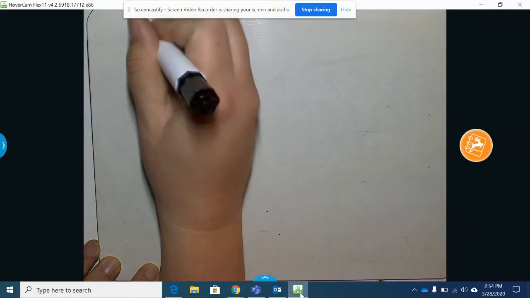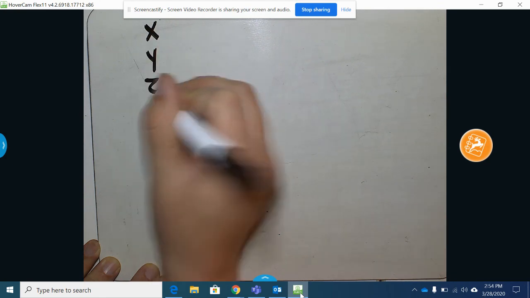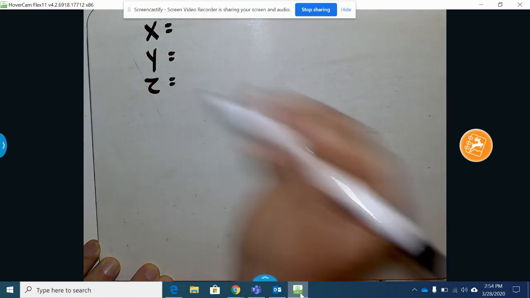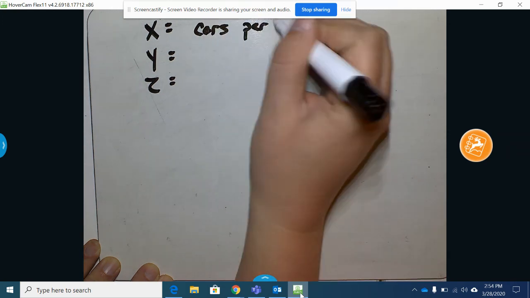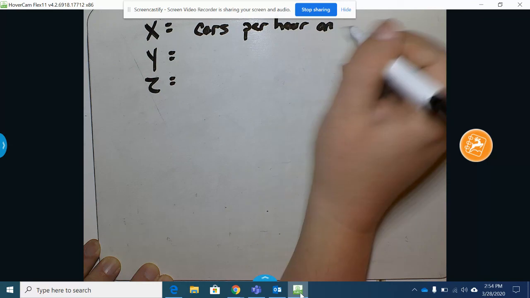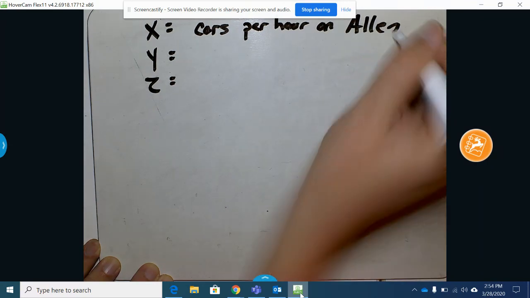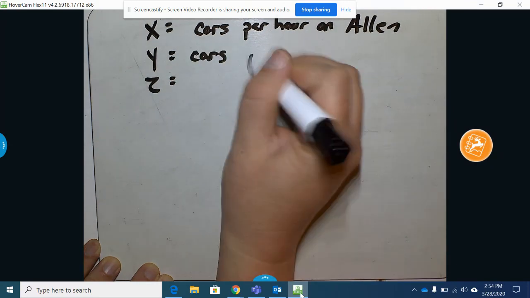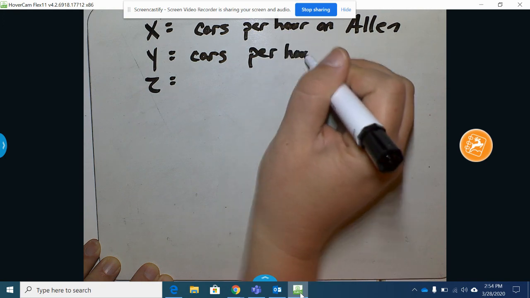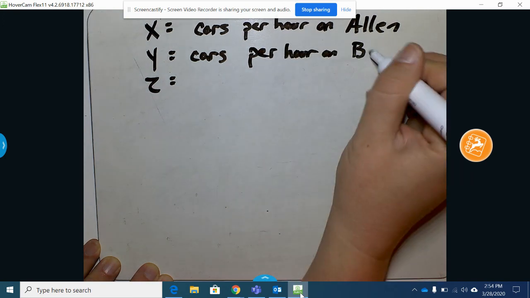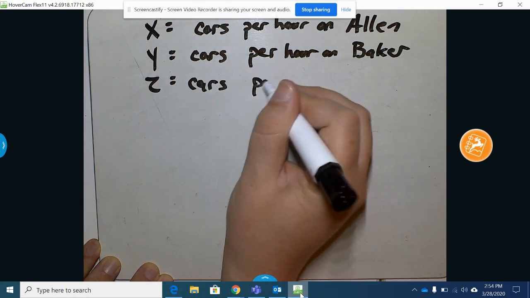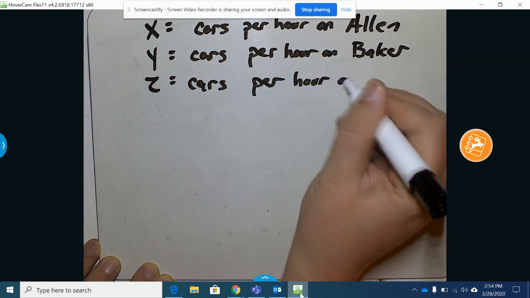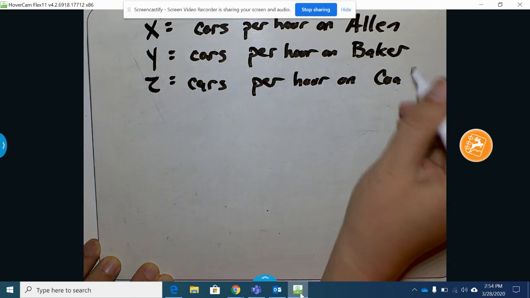We have X, Y, and Z. X is going to be cars per hour on Allen Street. Okay, and then we have cars per hour on Baker Street, and then we have cars per hour on Cole Street.